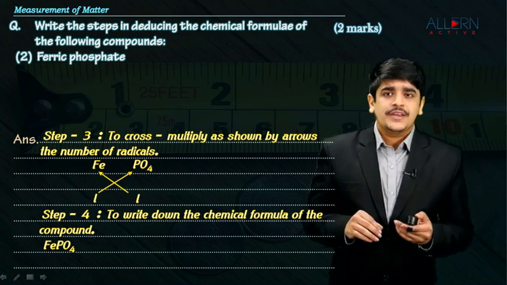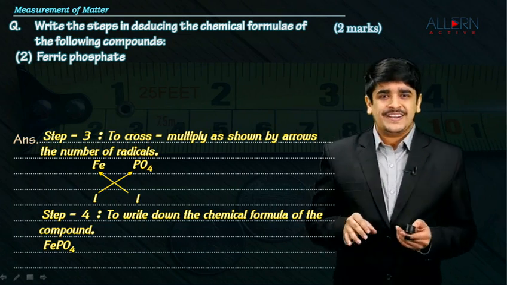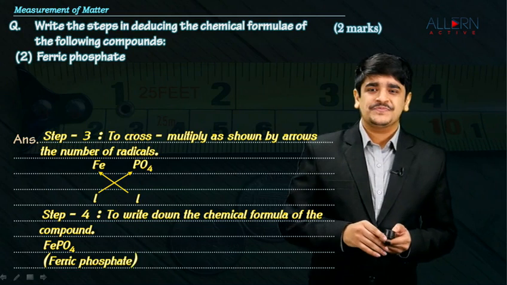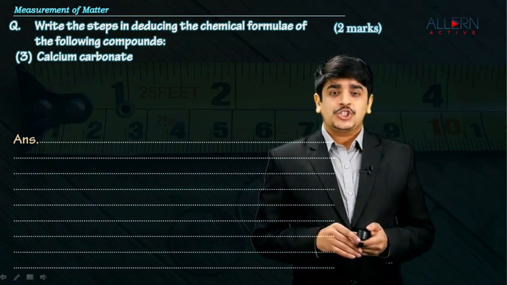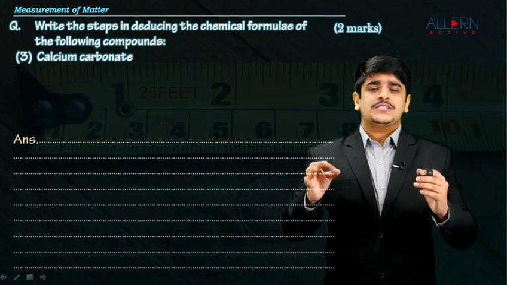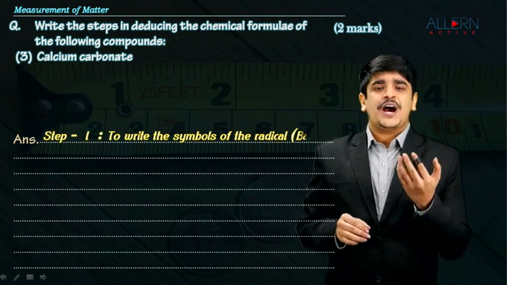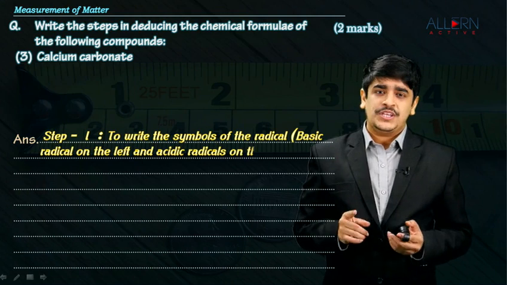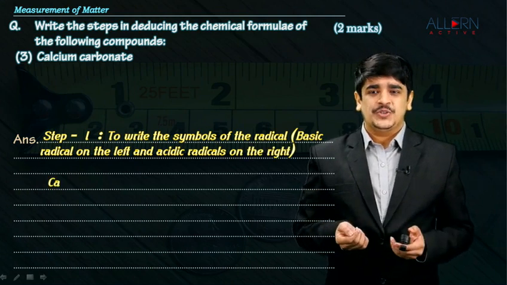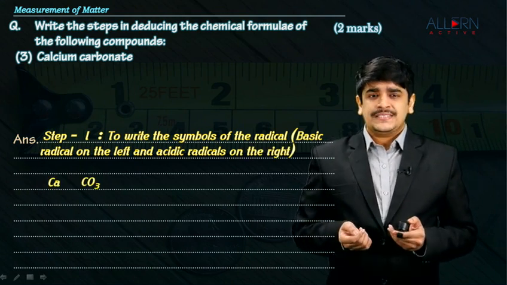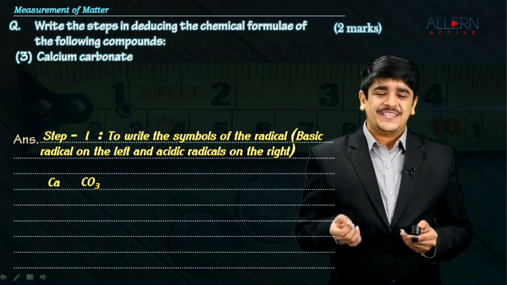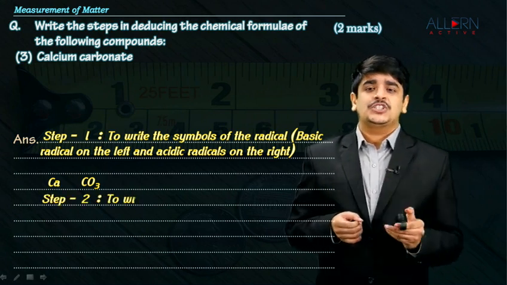Wonderful. Now, if you've understood that, the next one is pretty similar. Let's have a look. Okay. Calcium carbonate. First, let's write down the formulas. For calcium, it is obviously going to be Ca. For carbonate, it is obviously going to become CO3. Basic to the left, acidic to the right. Once that is done, what do we need to do? Yes, we need to write down the valencies, the charges associated.